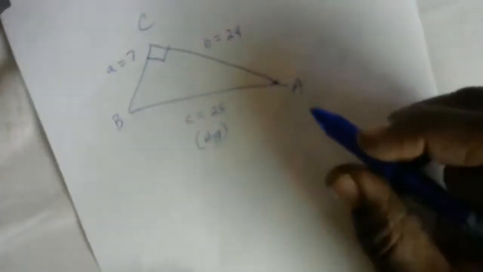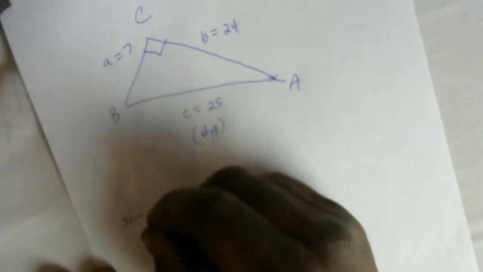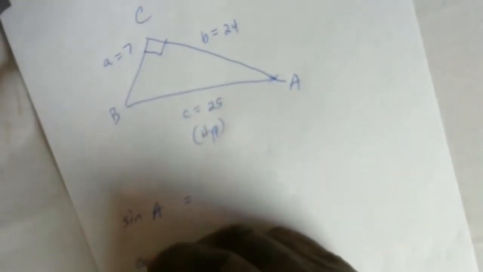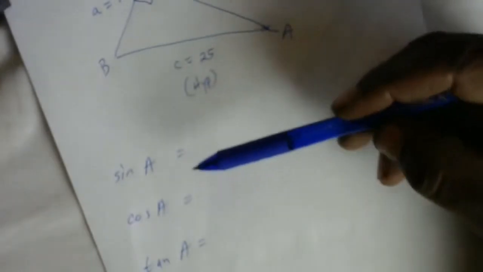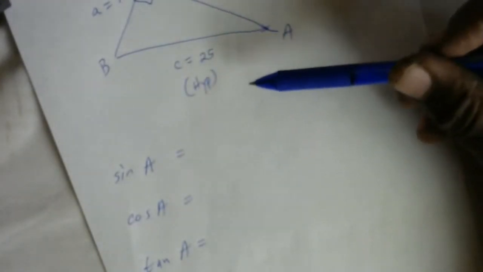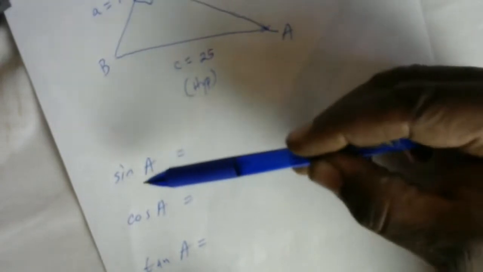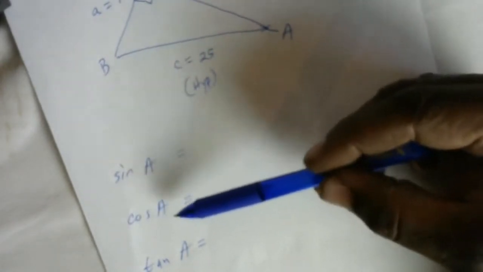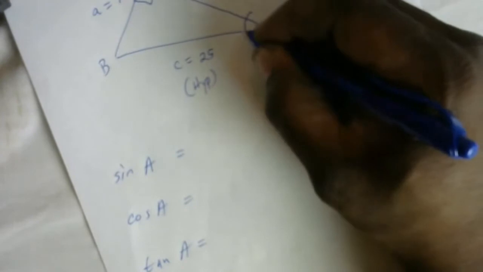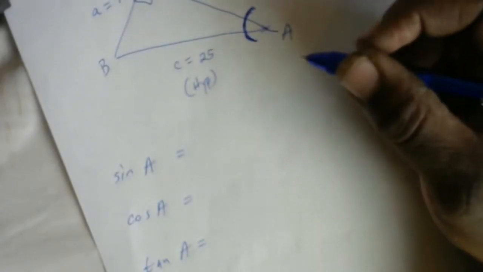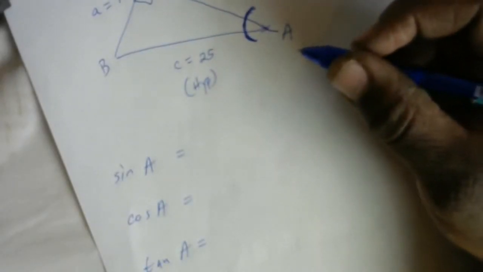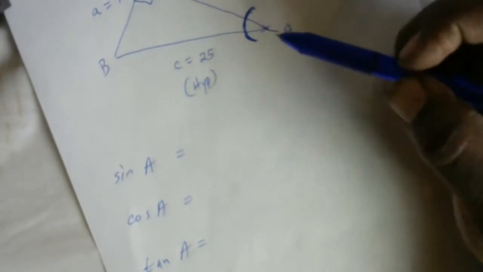Okay. So we're asked to find the sine of A, the cosine of A, and the tangent of A. The first thing we need is what's called a reference angle. Since we're finding the sine of A, cosine of A, and tangent of A, I'm going to use A as my reference angle. A reference angle, by definition, is any acute angle, which is an angle that's less than 90 degrees.